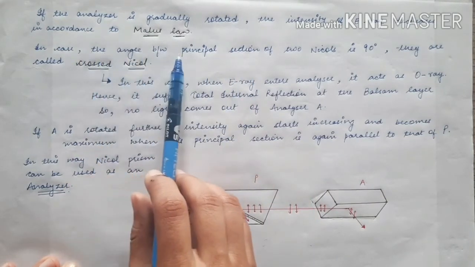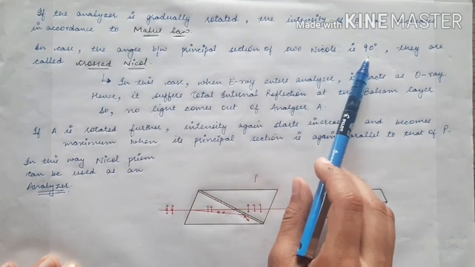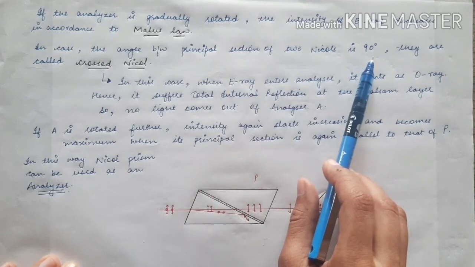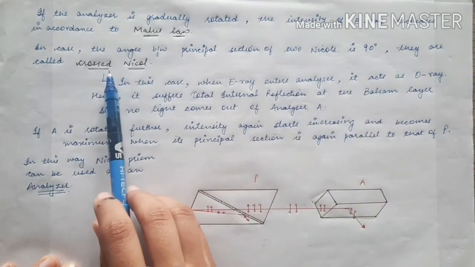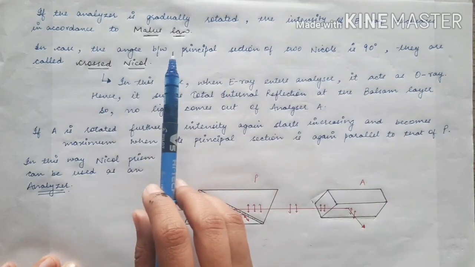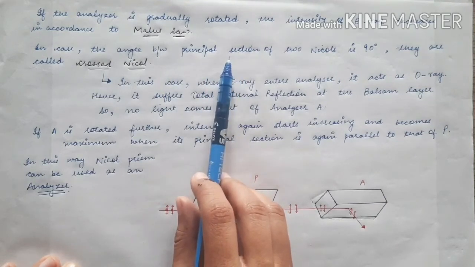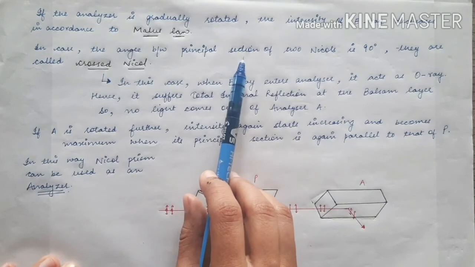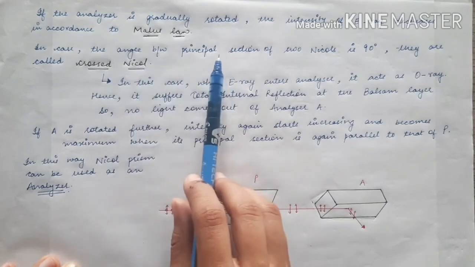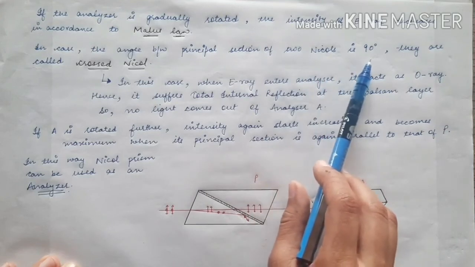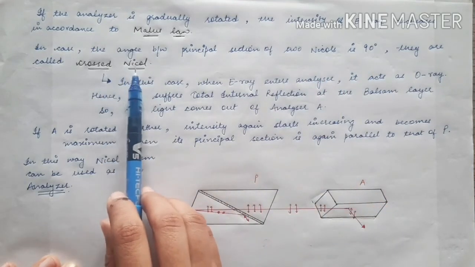When the angle between the principal sections of the two Nicols is 90 degrees, they are called crossed Nicols. The earlier arrangement, when the principal sections were parallel, was called parallel Nicols.